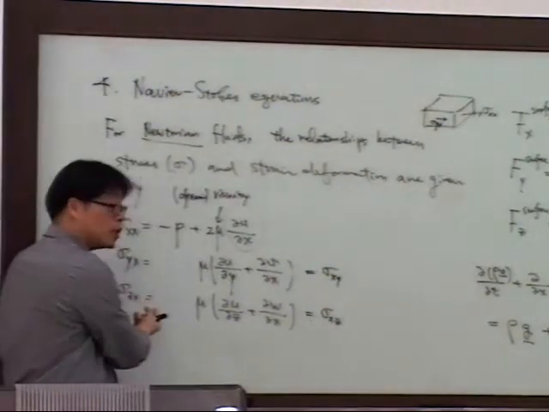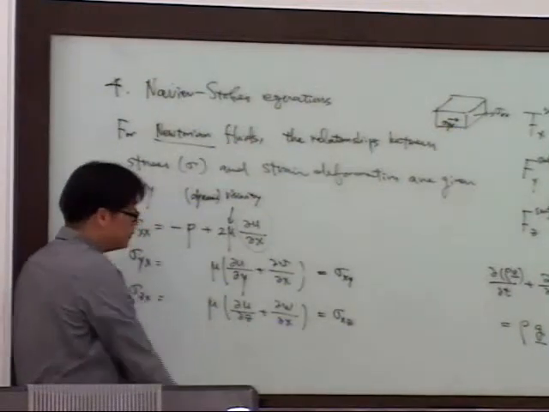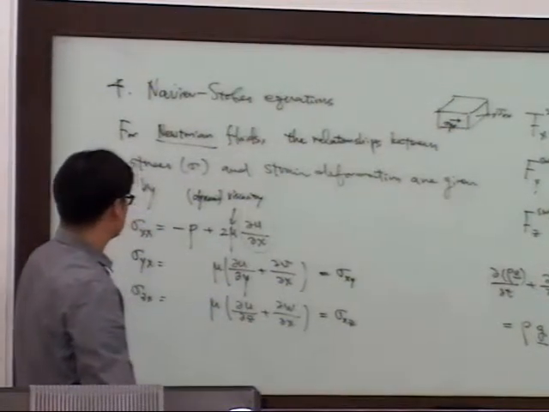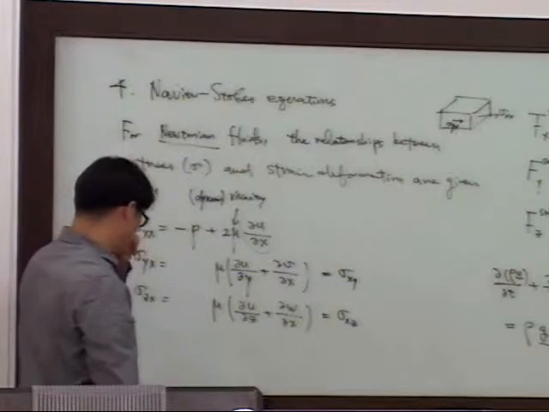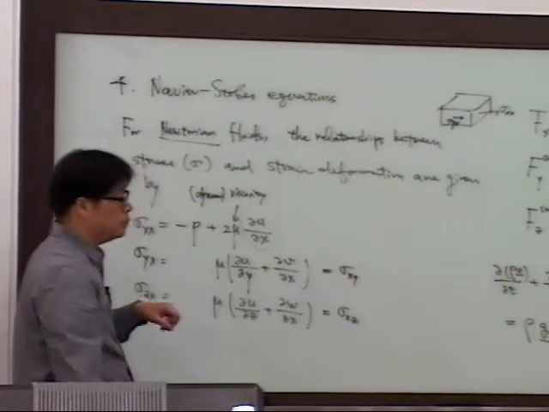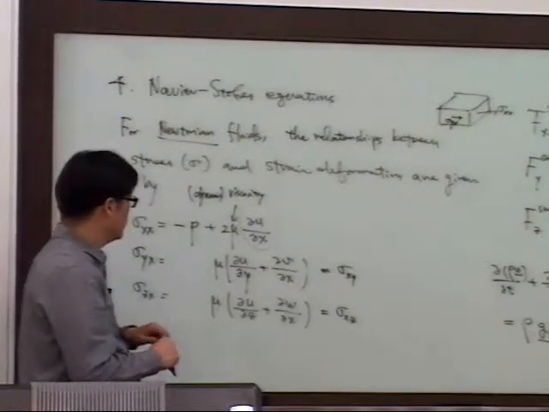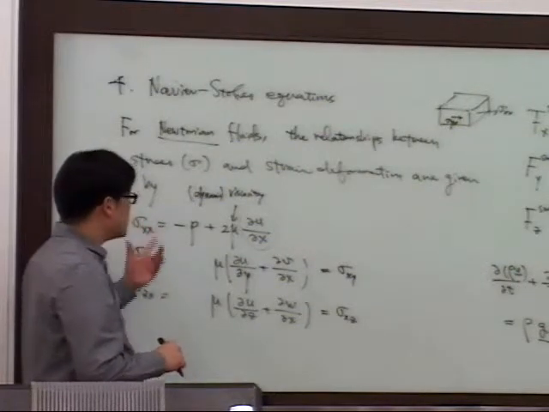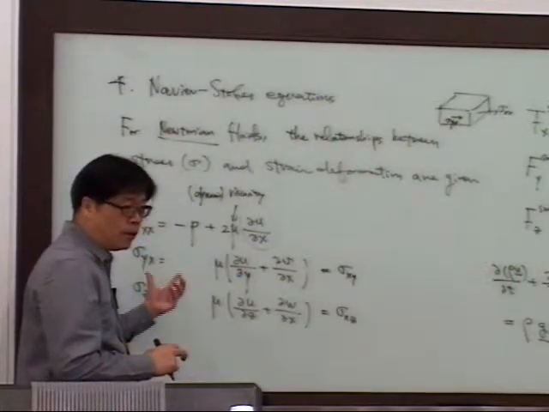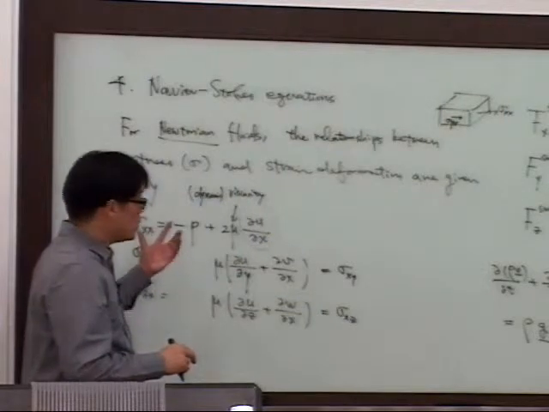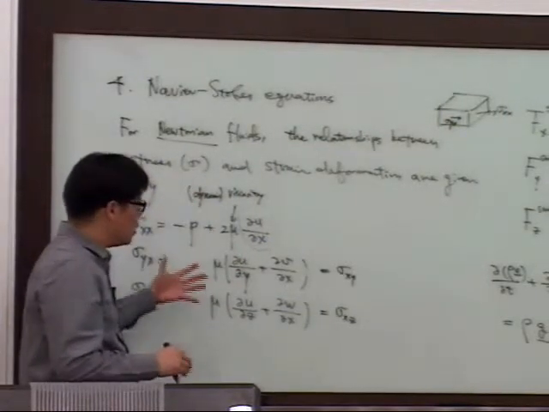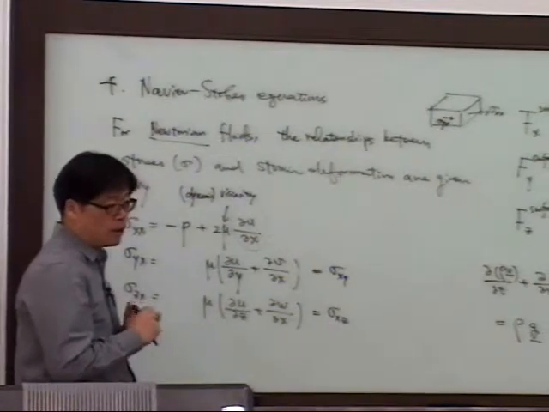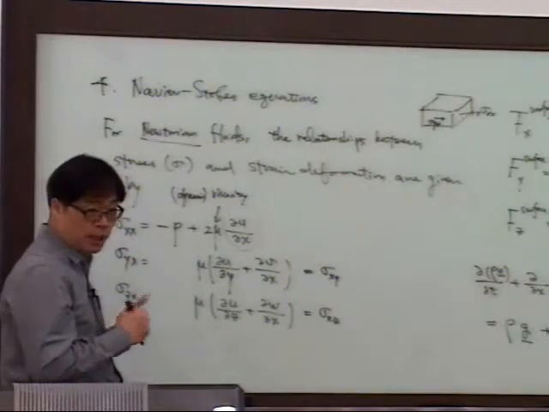Even though I switch, I end up with the same thing. So this is a property of fluid, and the relationship works for most fluids that you are dealing with.